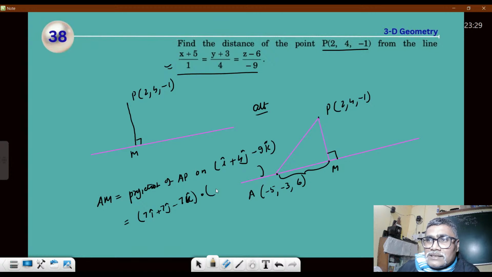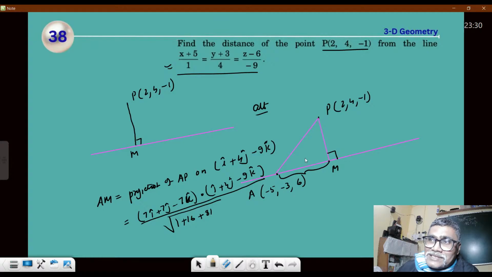Can you recall that if you need to find the projection, you have to find the dot product, and then you have to divide by the magnitude of the vector on which the projection is needed. So the magnitude of this is root of 1 plus 16 plus 81. So you get this length. You can find this length by using the distance formula.